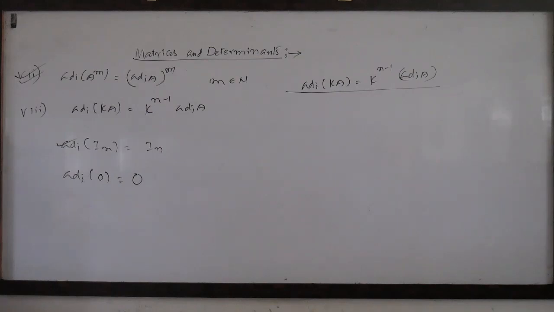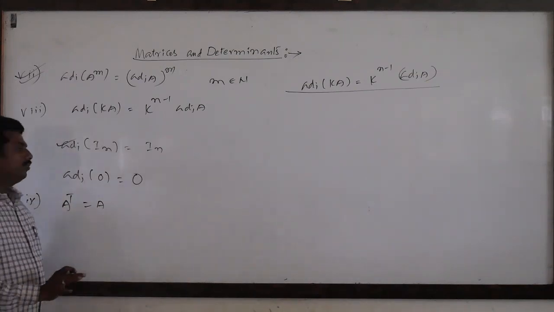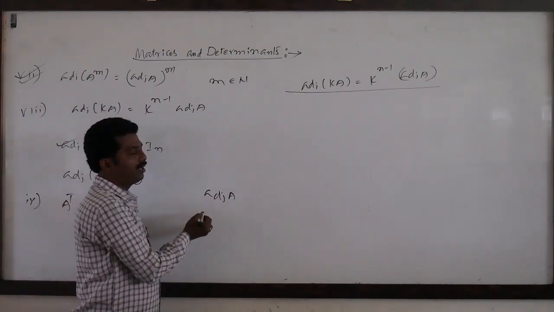Then A is symmetric matrix, adjoint of A is also symmetric. See here, next property: A is symmetric. A symmetric means A transpose equals A. Then adjoint of A is also symmetric.